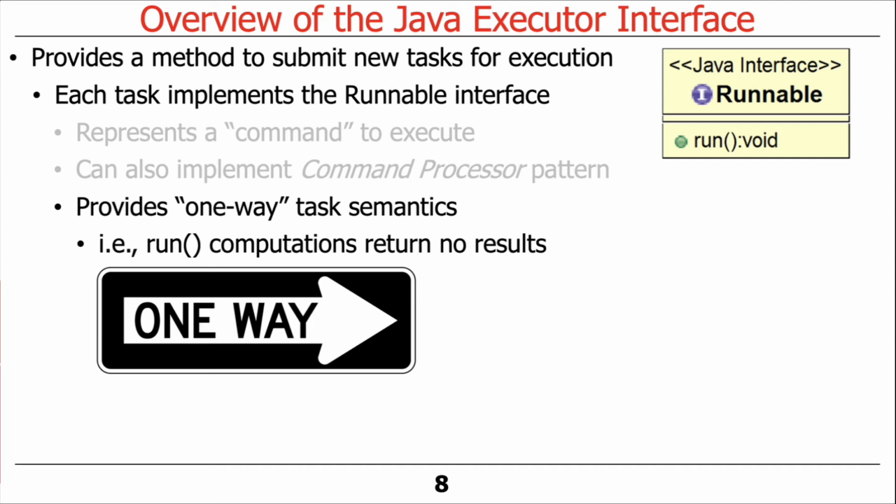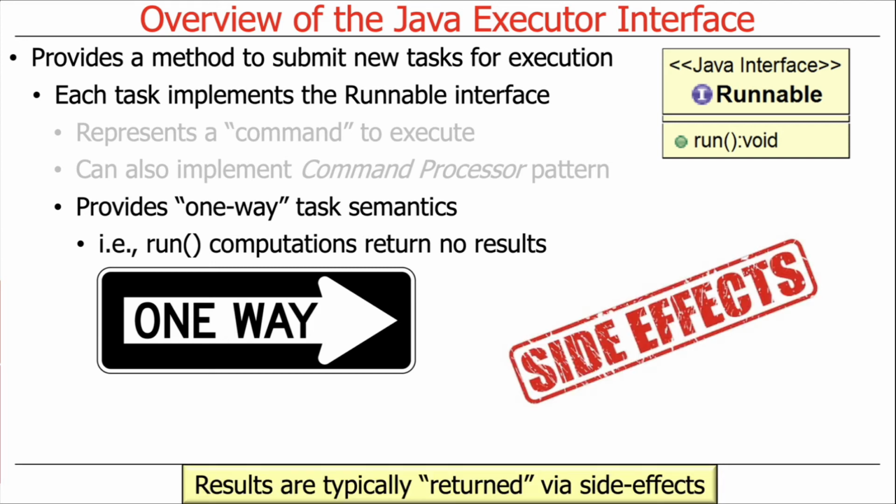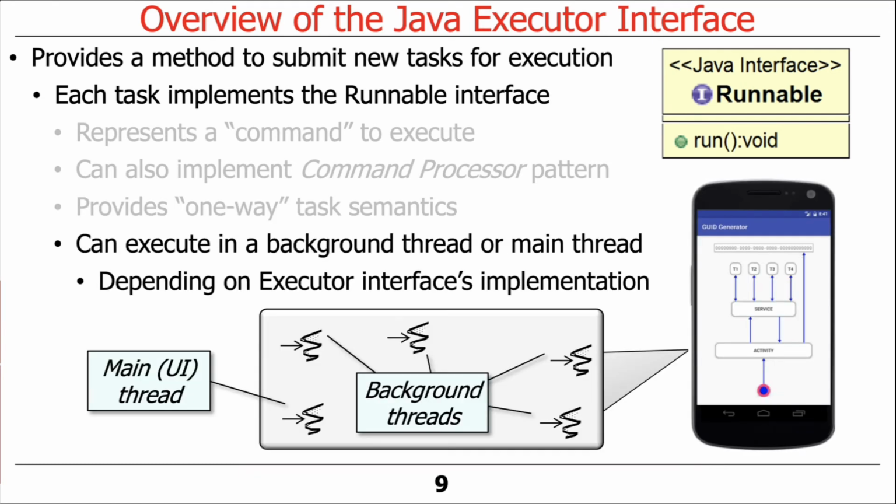It doesn't have anything to return. If you want to return something, whatever that means in this context, it typically has to be done through side effects. And that means you'd have to have something that would update some other entity, like some variable, or send a message, or update some shared state somewhere. But you don't get it back as a result of invoking or executing the Runnable.